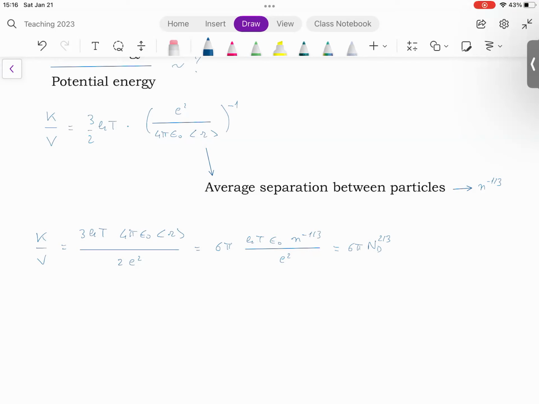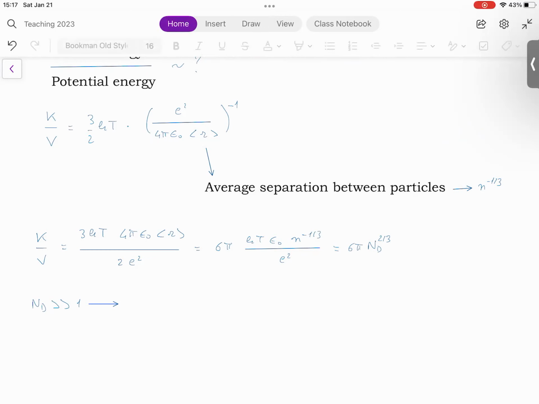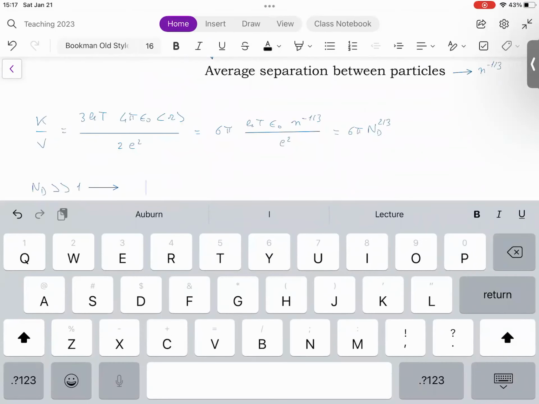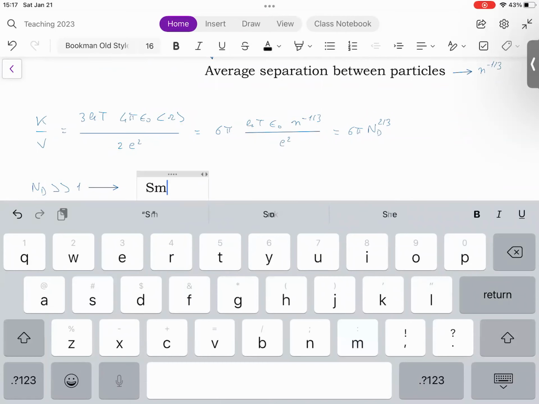Okay, what does this actually mean? So here's how we can look at this. If the plasma parameter is much larger than 1, then what I find is that my system is going to be dominated by small collisions, small angle collisions.